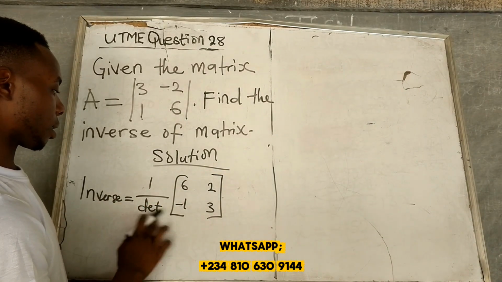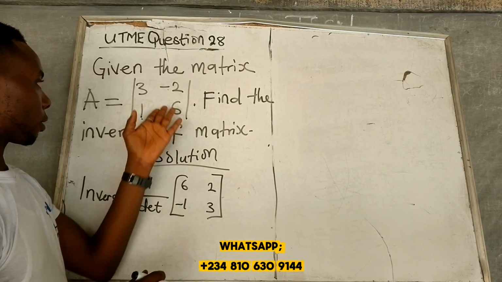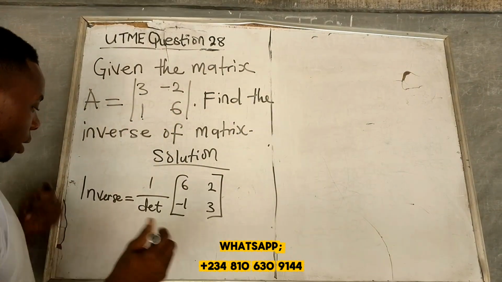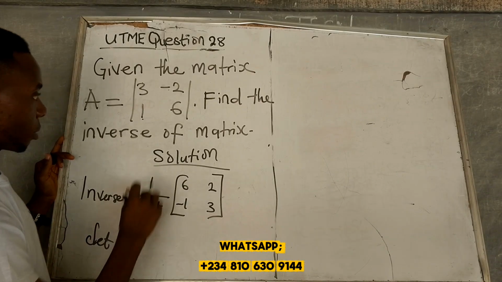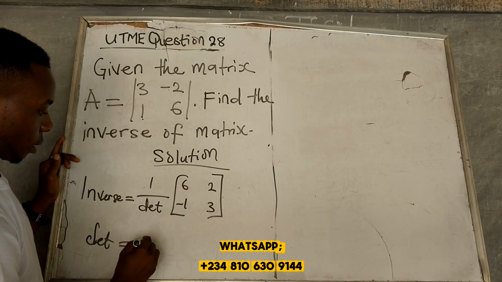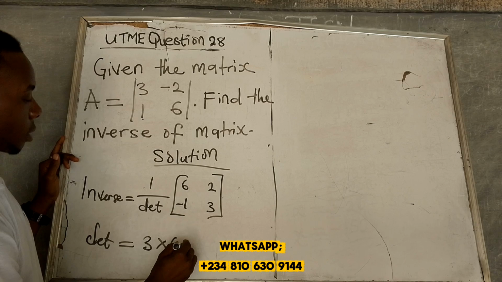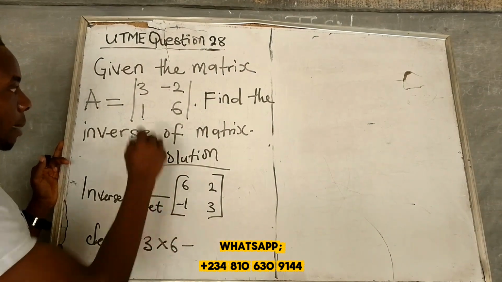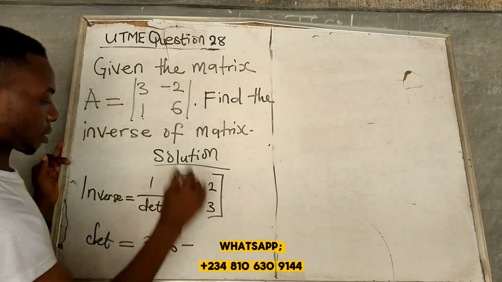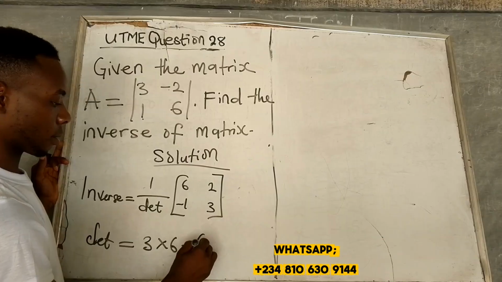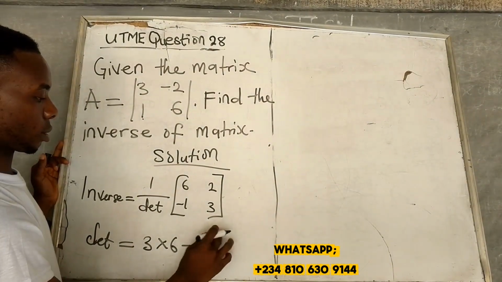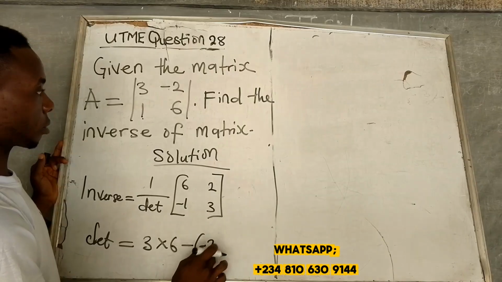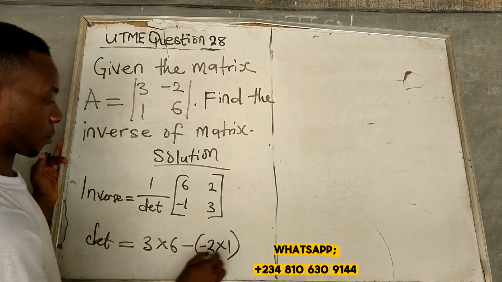Now what is the determinant of this very question? The determinant will be equal to 3 times 6 minus minus 2 times 1.